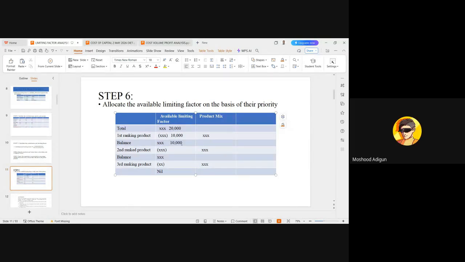Now, if product B is ranking second and the total raw material you need to produce product B is 8,000, the balance will now be what? 2,000.